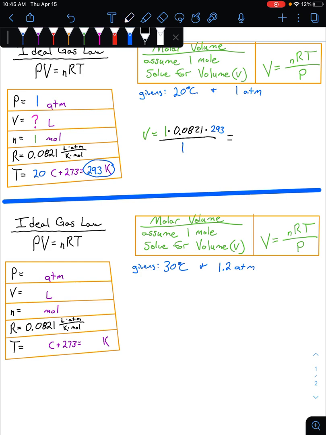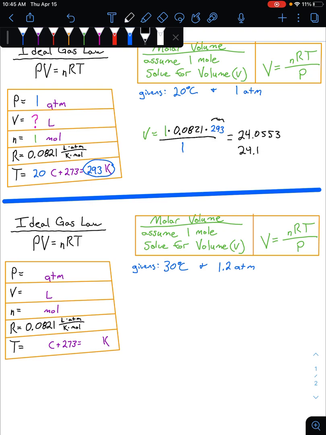Plug and chug this through. The 1 times doesn't matter. You can drop the 1. Dividing by 1 doesn't matter. That doesn't change the number. Your solution to this is 24.0553. We have 3 significant figures here, so I'm going to round this to 24.1.